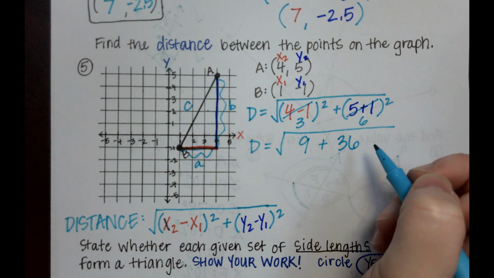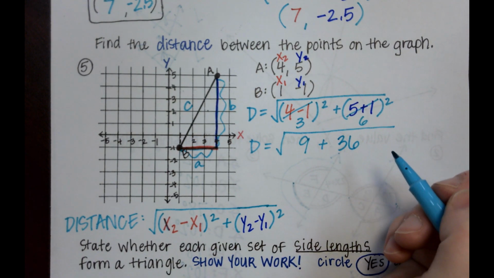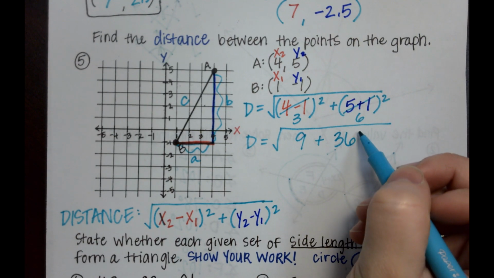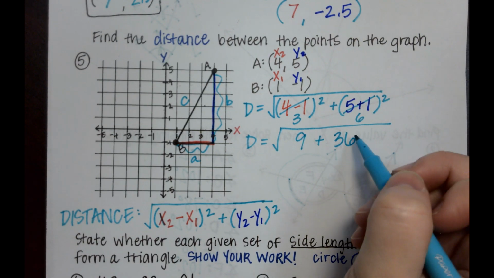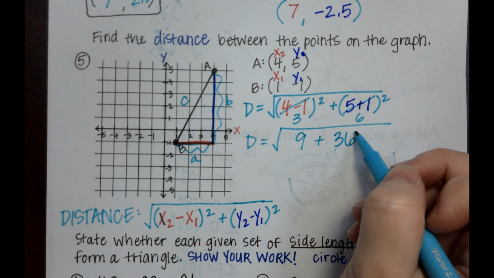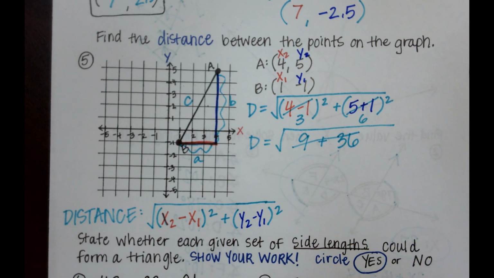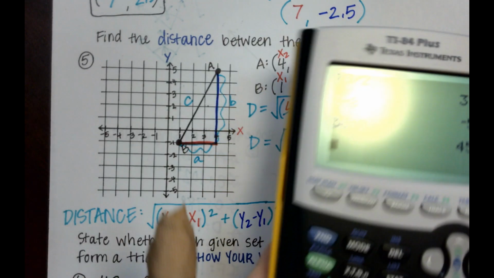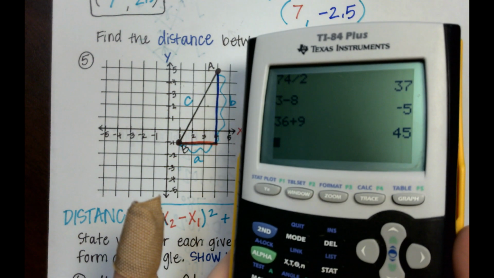And that is way too big just for me to do in my brain. That's okay. Let's see. So now we need to add these. 9 plus 36. I got 45.